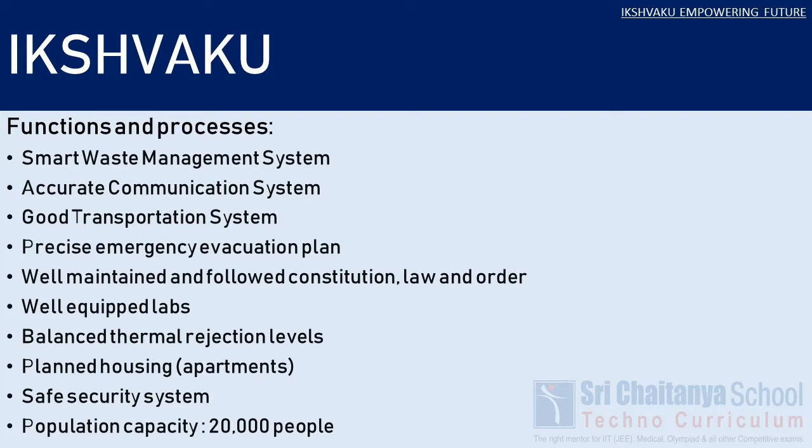For example, smart waste management system, accurate communication system, good transportation system, precise emergency evacuation plan, well-maintained and followed constitution, law and order, well-equipped labs, balanced thermal rejection levels, planned housing, safe security system, and Ikshvaku carries 20,000 people on board.